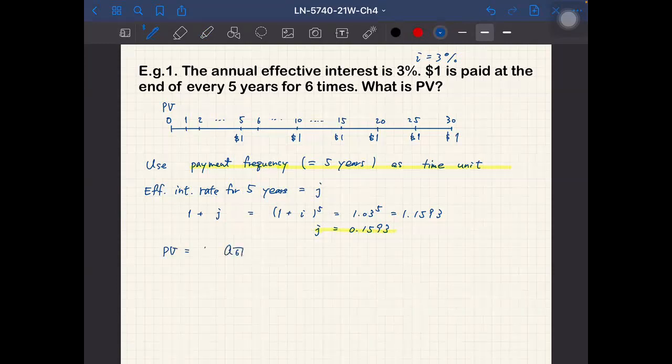So I can say 1 times a angle 6 at 15.93%. By BA II Plus, you can enter 1 as payment, maybe minus 1 as payment, and 6 as the number of payments, and 15.93 as interest rate I/Y, and we can get $3.69. So in this way, we can solve the problem.